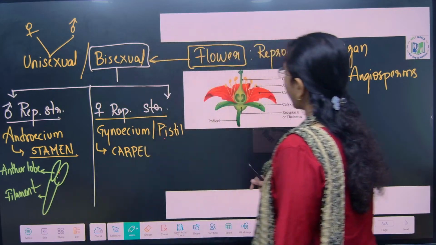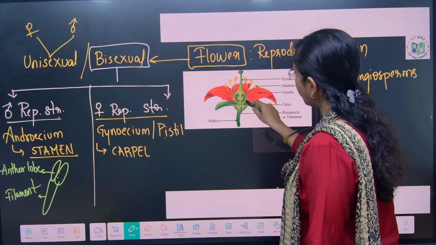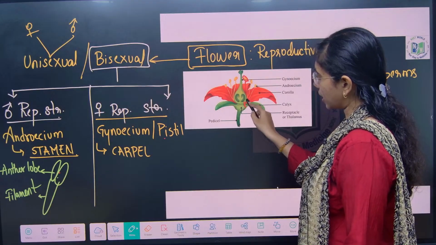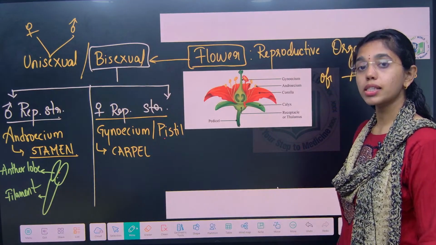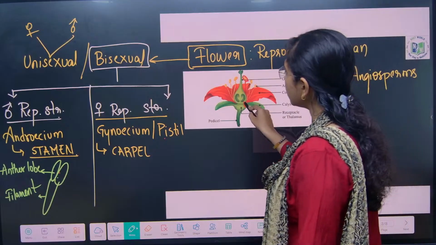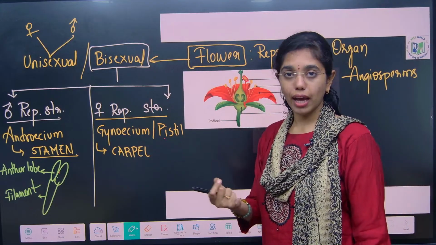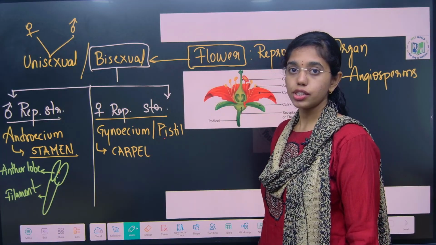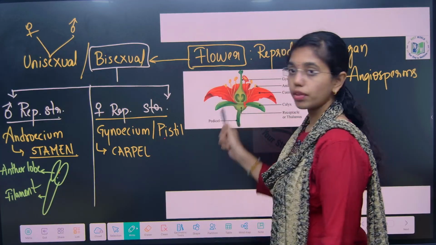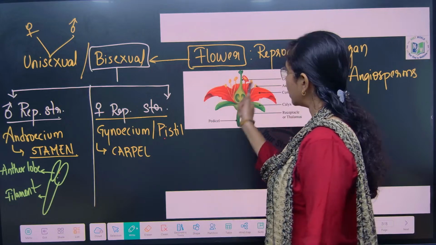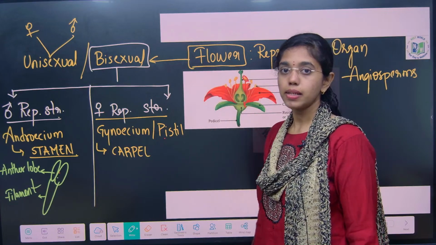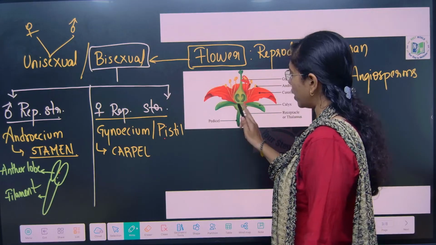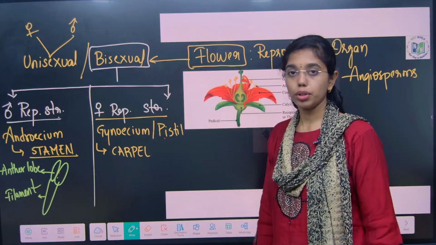If you look in the diagram, here you can see this is the long filament and this is the anther, dithecous anther. At this region we will call it the proximal end of the filament. Proximal end of the filament is adjoined to the thalamus and the distal end of the filament is connected to the anther bilobe.